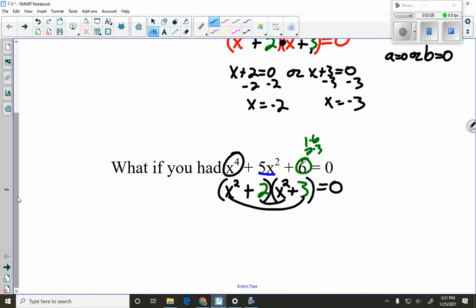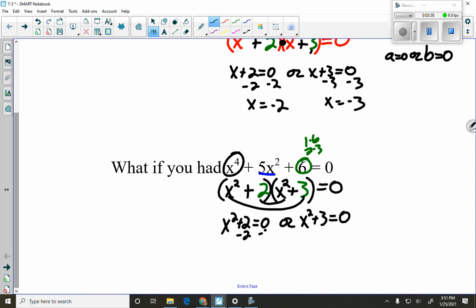And so now, because they're multiplied, I can say that x squared plus 2 has to equal 0, or x squared plus 3 has to equal 0. Because they're multiplied together, and that equals 0. That's the only way: either one's 0, or the other's 0, or both. Now that I split it into these two equaling 0, I can solve it this way.